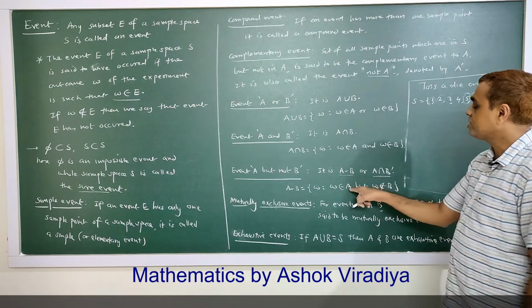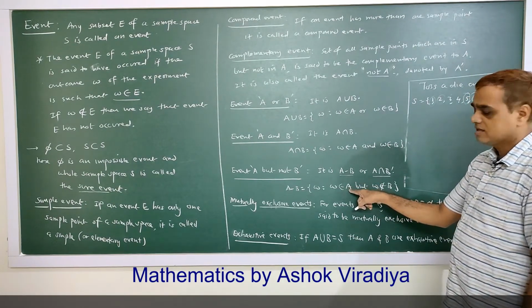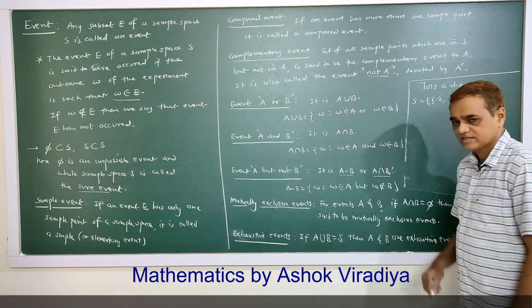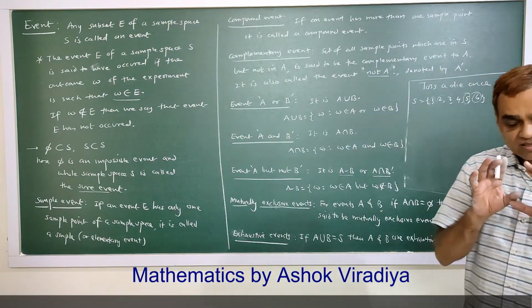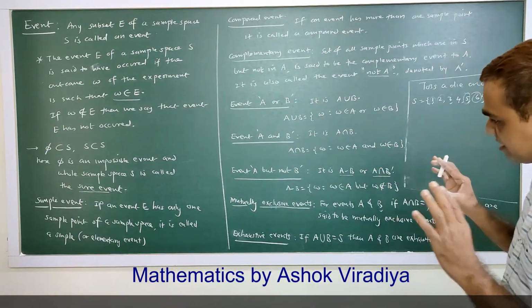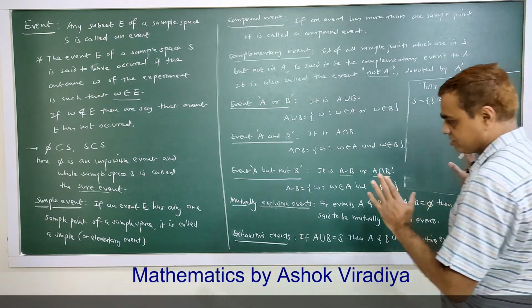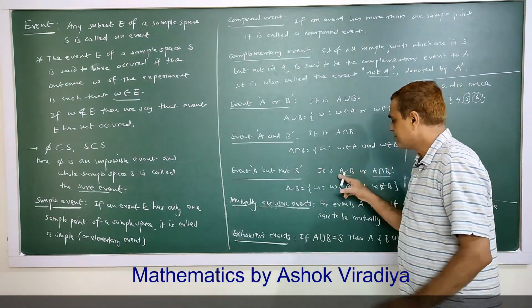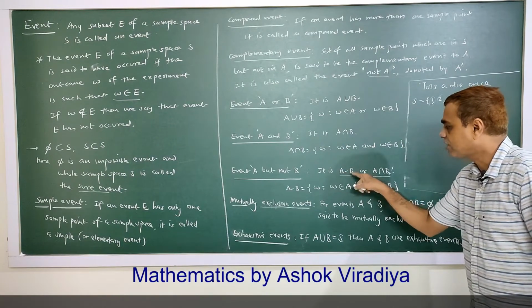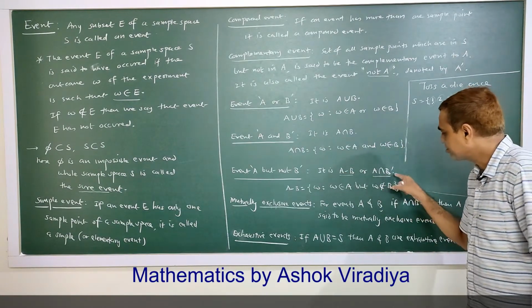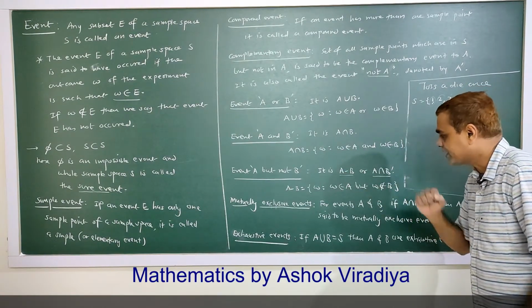It means elements which are in A but not in B. So the words are the same as we learned in set operations. A minus B means in A but not in B. A intersection B dash means in A but not in B.